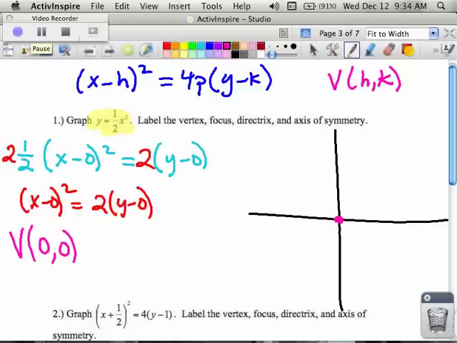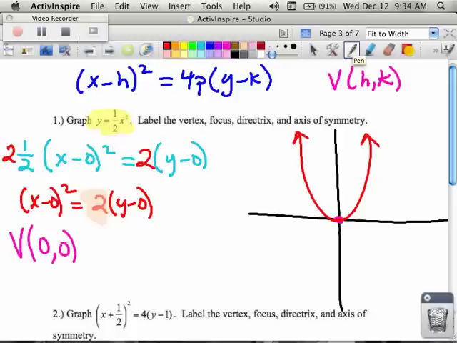Since it's positive, and this is a vertical parabola, that is telling me that my parabola is going to be opening up. So not only can I draw this thing, but I can draw it knowing that my parabola opens up. That again is because I saw that my number in front of the non-squared parentheses was positive.